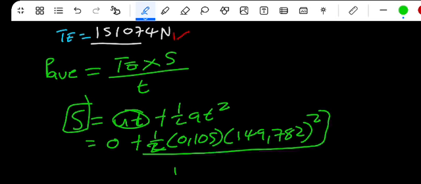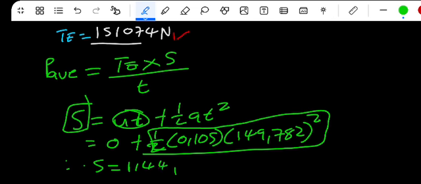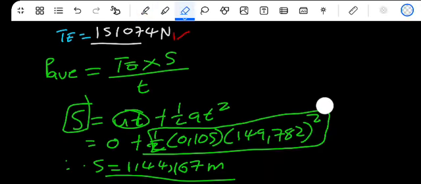punching this, we are supposed to obtain that our distance is 1144.167 meters. So as you can see, that is what we've obtained.